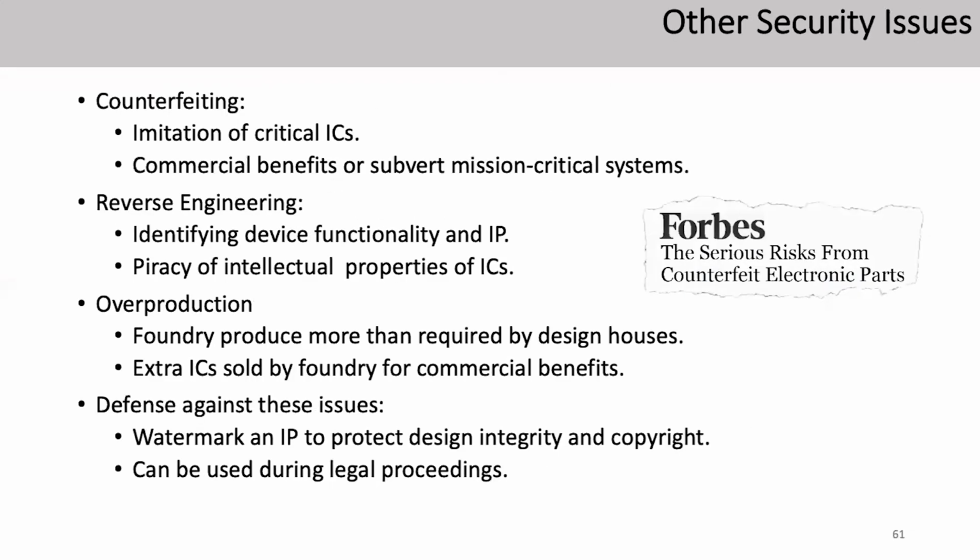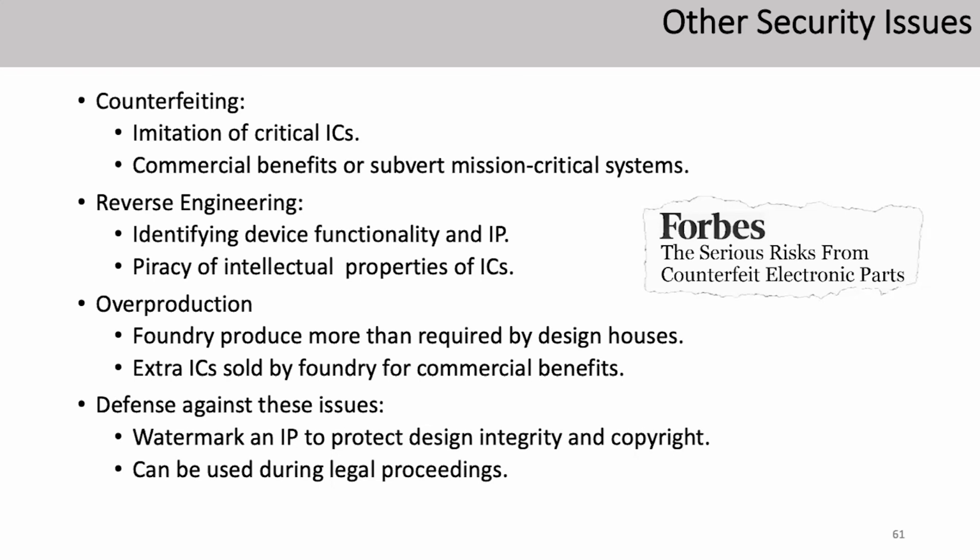The other security issues which we'll quickly mention are counterfeiting, which is imitation of critical ICs. So this is a very interesting thing. If any of you had attended DAC 2019, there was a VP from Cisco who actually showed that counterfeit ICs are more real than real Cisco ICs, okay? The other problem is reverse engineering, which is piracy of intellectual property by copying somebody's IP. Overproduction. So, for example, you use a third-party foundry.